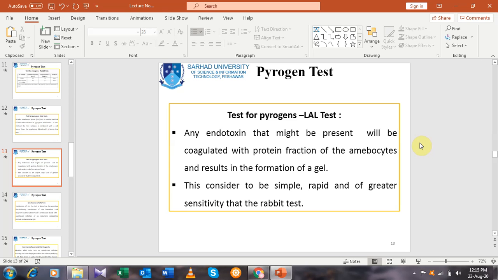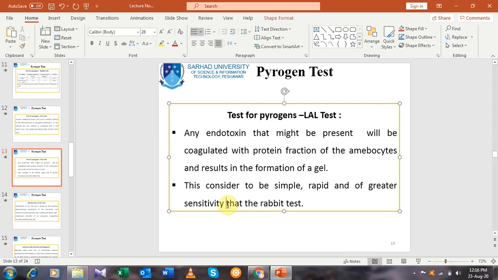This test, the LAL test, is considered to be simple and rapid, and it has a greater sensitivity.